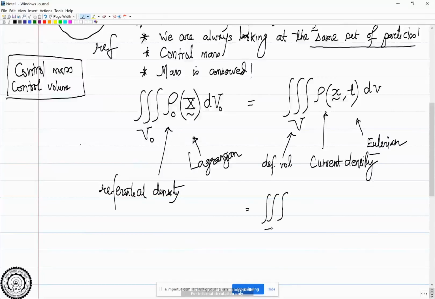So can we say that this is the same as the integral over V naught of rho of F of capital X comma T, into J, into dV naught? Can we say this?